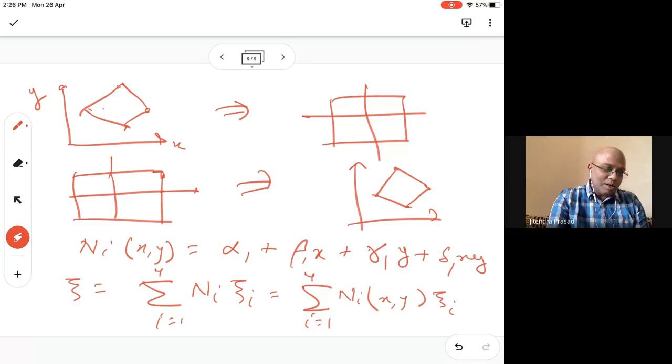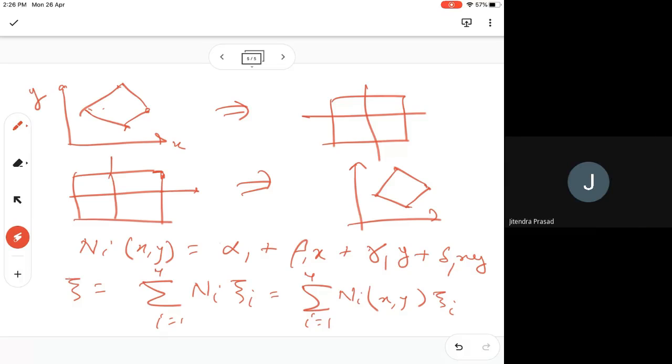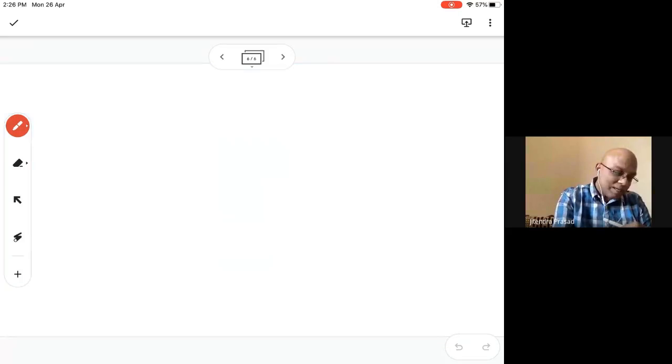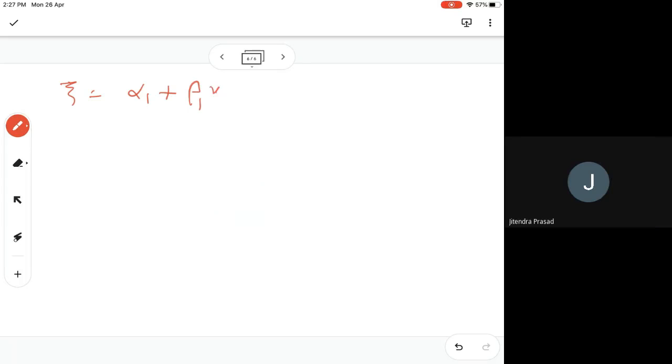So what I mean to say is the same thing you can write like this, and hence you get xi something like this. My point is xi will be in terms of x and y, since this has an xy term, hence xi will have the term of this. So xi will be equal to alpha 1 plus beta 1 x plus gamma 1 y plus delta 1 xy.